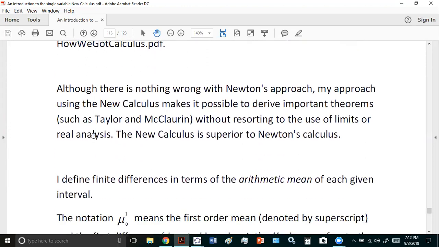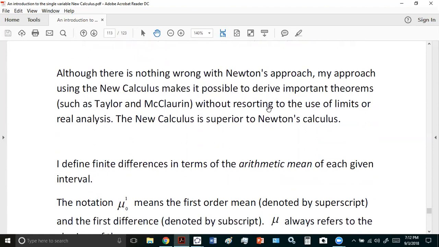So although there is nothing wrong with Newton's approach, what Newton has done there is really approximation and more approximation. Newton was the master of approximations. And of course, none of Newton's results were closed form. That means you'd have to basically find an approximation every time you use his interpolation polynomial.